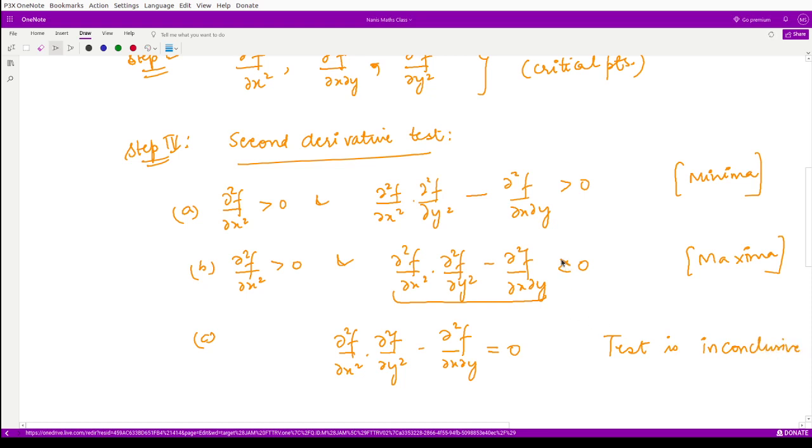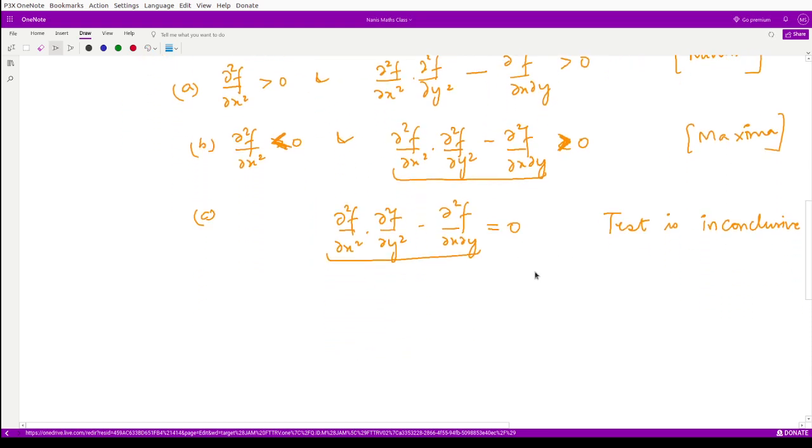I'm sorry, here this should be positive and this should be negative for maxima. And if the sign is equal to 0, the test is inconclusive, and in the last case, when the sign of this quantity is negative, in that case we have a saddle point.